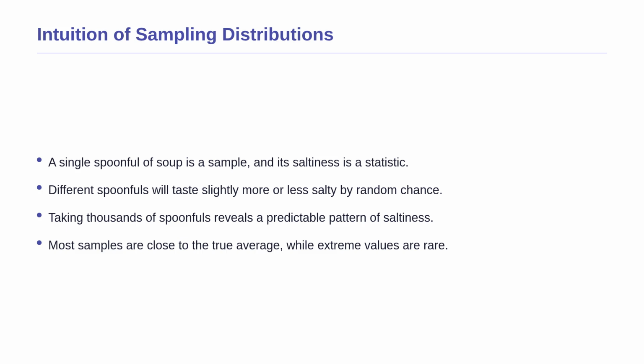Most spoonfuls would be very close to the true average saltiness of the whole pot, while a few might be unusually bland or overly salty. This overall pattern or shape of all those possible spoonful results is exactly what we call a sampling distribution. It tells us how much our sample results will bounce around just by pure random chance.